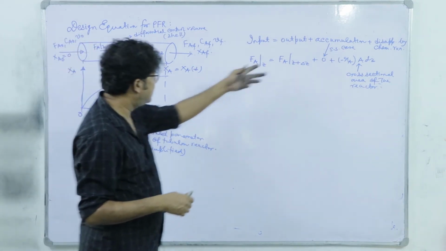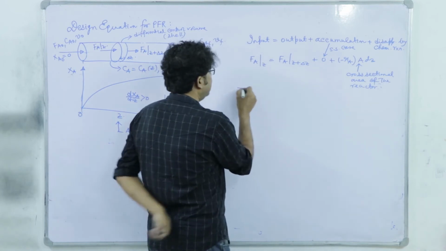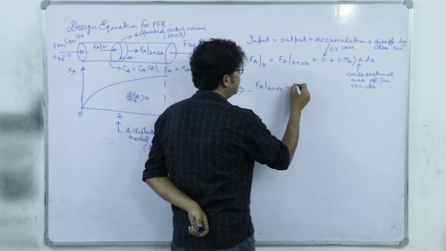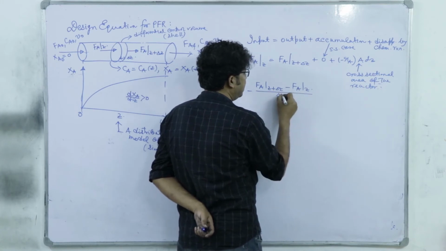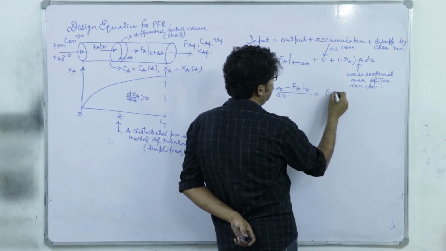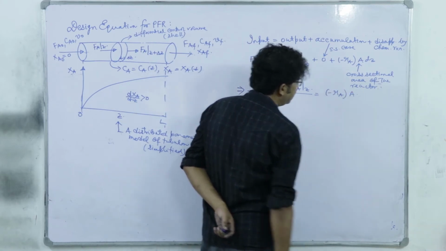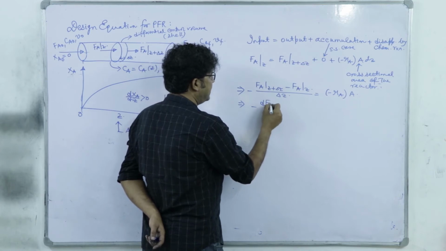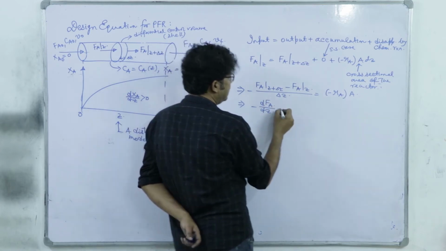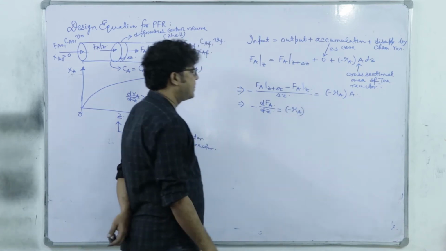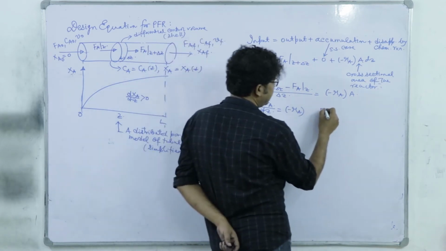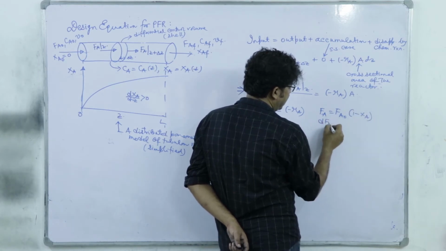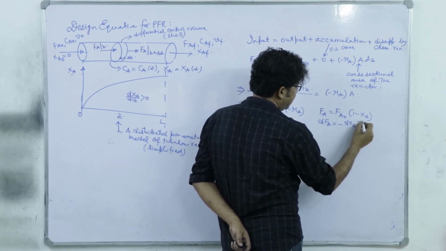If I switch this term to this side, we can write that minus of Fa at Z plus delta Z minus Fa at Z divided by delta Z is equal to minus Ra into A. So this is minus dFA/dz, which equals minus Ra A. Now Fa is Fa naught into 1 minus Xa, so dFA is minus dXa into Fa naught.